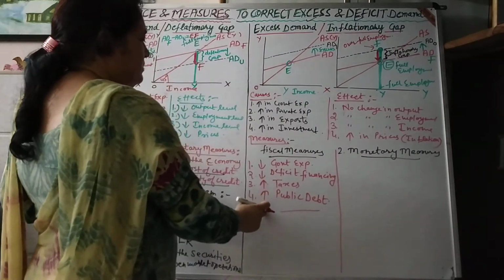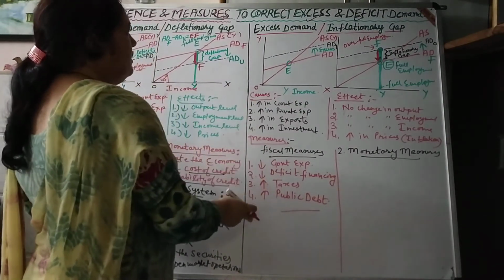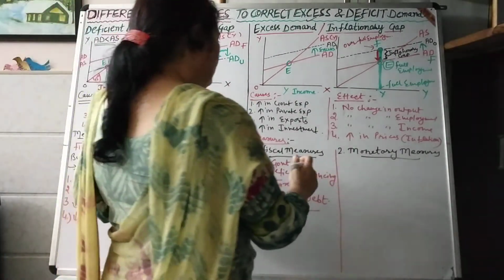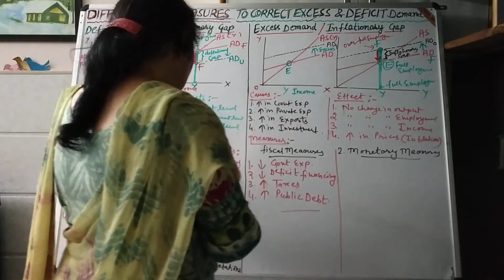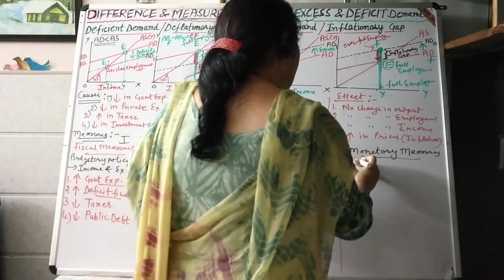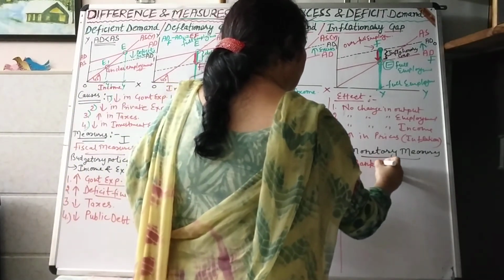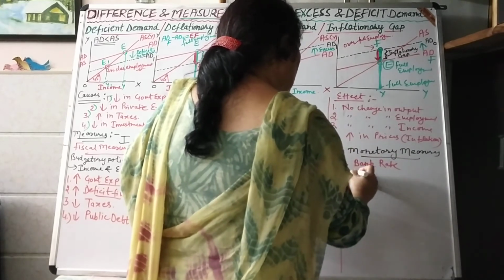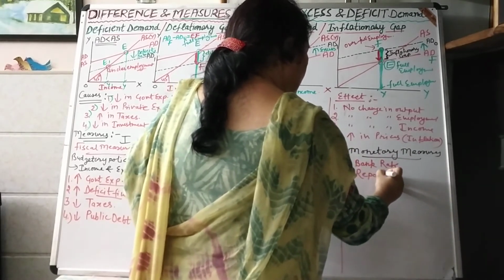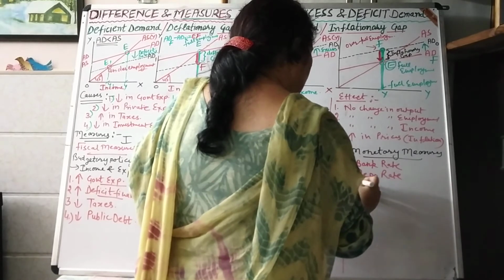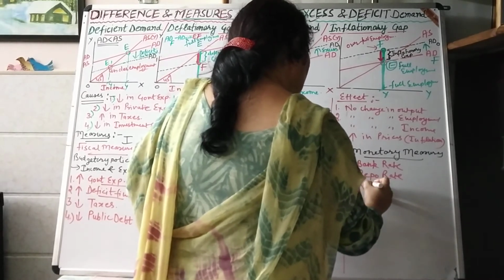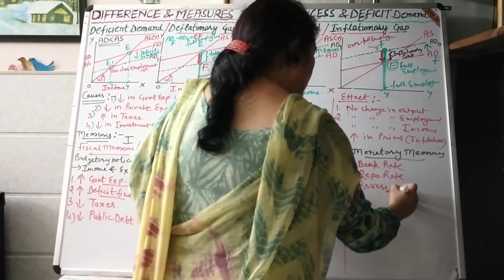So through all these measures, government can remove the situation of excess demand from the economy. Then monetary measures. Government should reduce bank rate. Government should also reduce repo rate, and it should also reduce reverse repo rate.